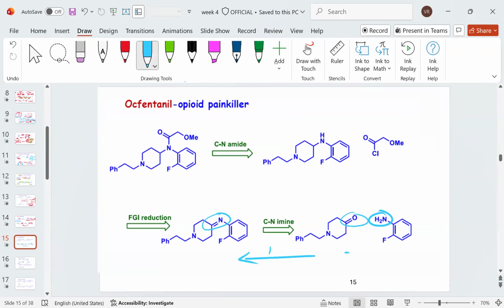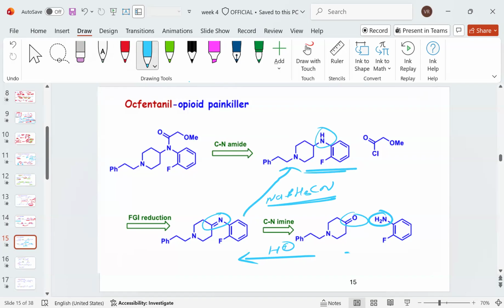In the presence of H plus, acidic condition, it forms the imine. Now this imine we can reduce to get this target molecule. So what can we add for the reduction of this imine? NaBH3CN, sodium cyanoborohydride. Upon addition of sodium cyanoborohydride, we can do the reduction of the imines to amines, right?